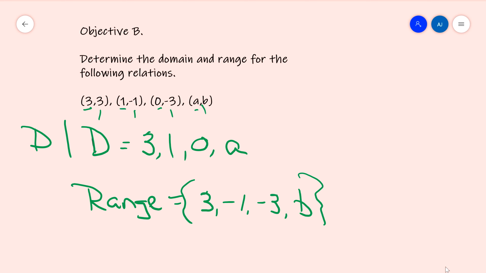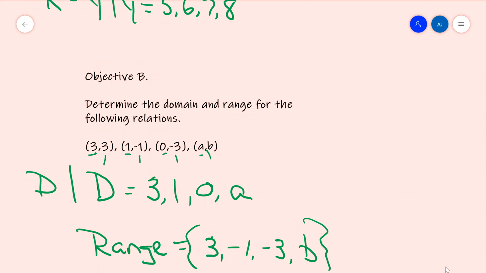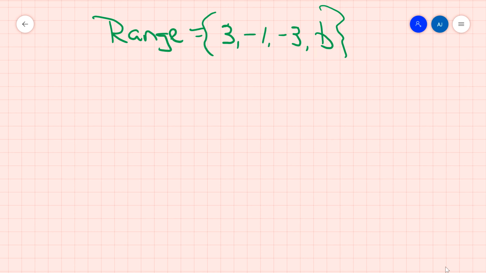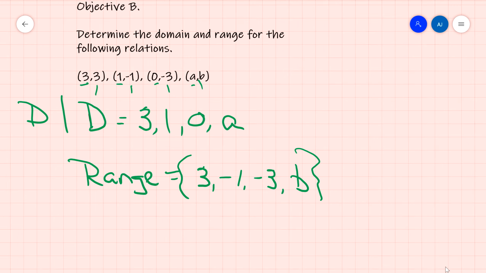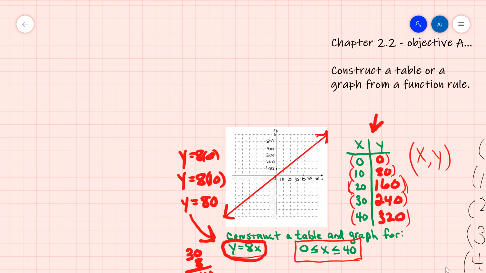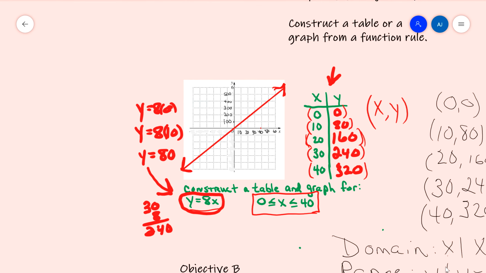Okay, another example that they're given. If I had a graph, let's go back up to our original. This is a graph here.